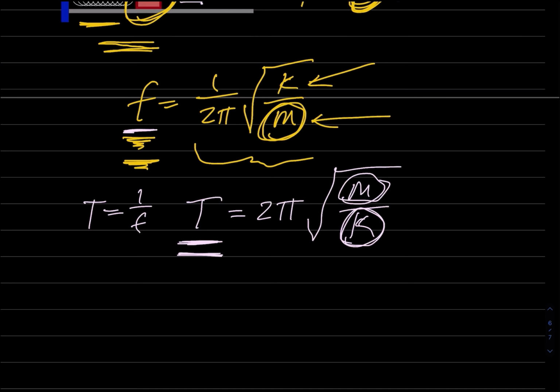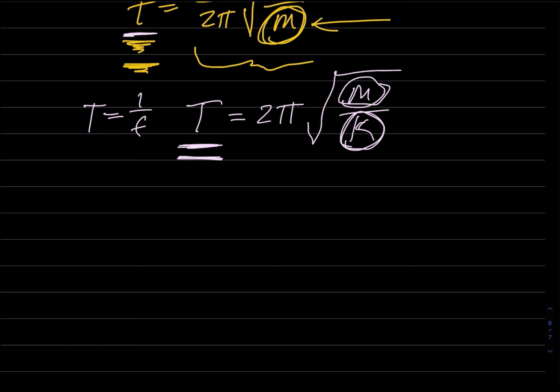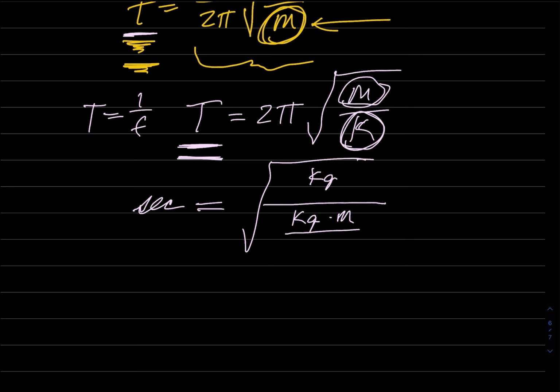And one more thing, let's check the units. The period is in seconds, equals 2 pi is unit free, times the square root of the mass, which is kilograms, and the spring constant is newtons per meter. A newton is force, which is ma, so that's kilograms meters per second squared divided by meters.